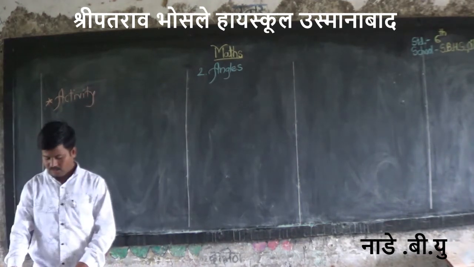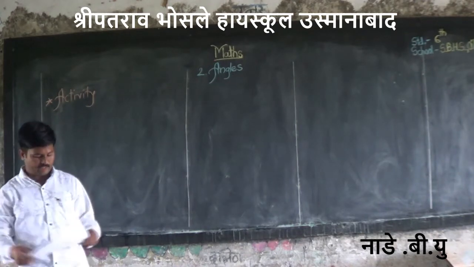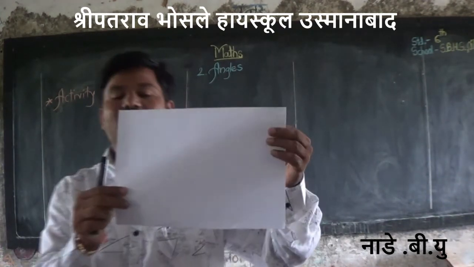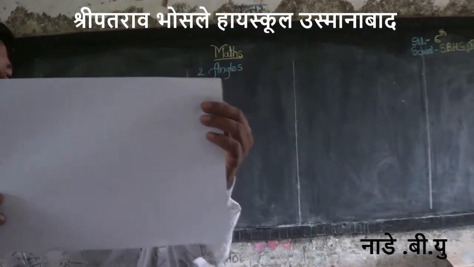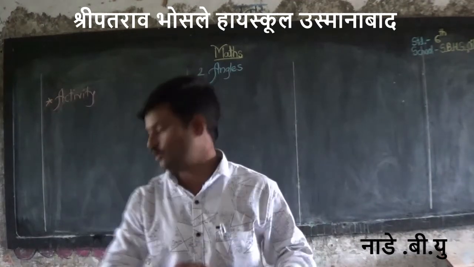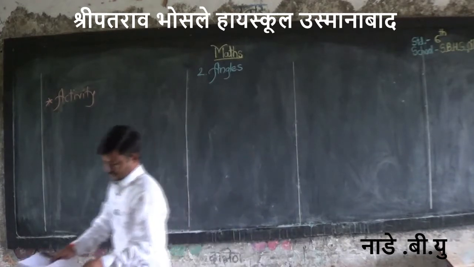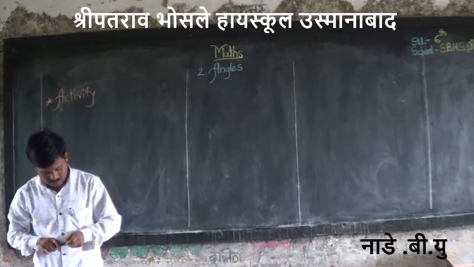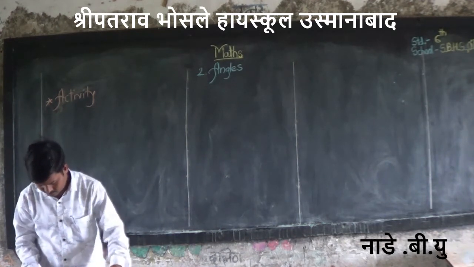Activity: take a sheet of paper and draw any angle on the sheet of paper. I draw the angle on the sheet of paper.